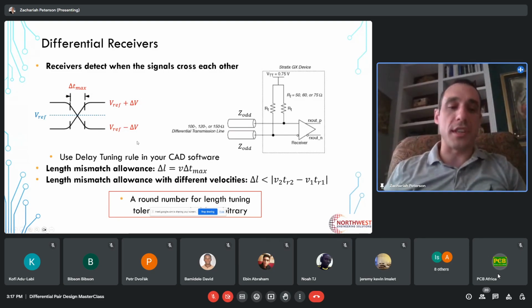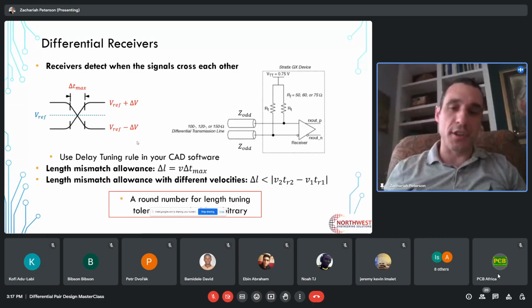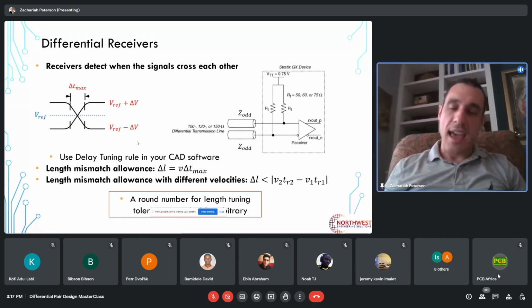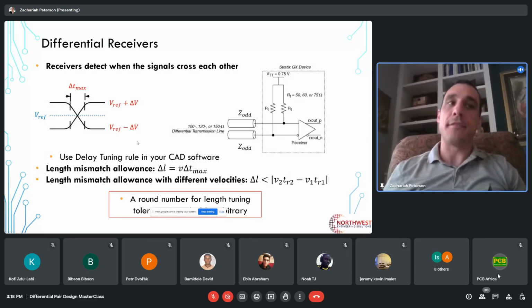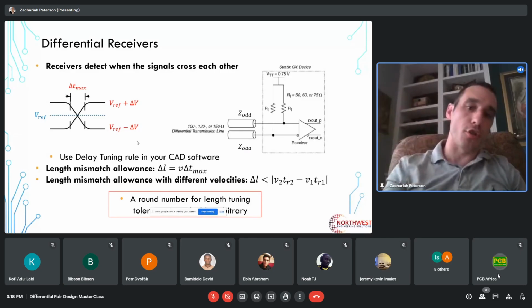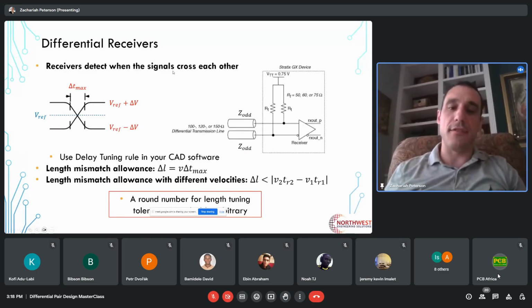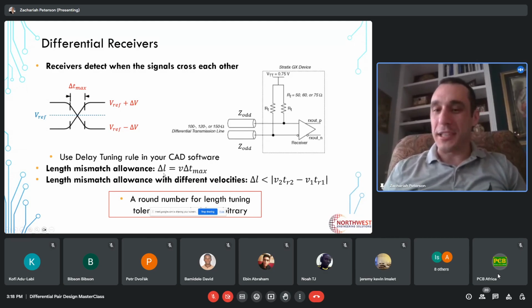Whoever wrote the data sheet just kind of pulled it out of thin air and said, 100 mils is good enough. We'll just use that. And they usually did that because their test data probably showed that they could definitely operate within much larger than that number. So they're just going to give you a conservative value of 100 mils. So just be careful when you see nice round numbers for length tuning tolerances specified as a distance in a data sheet, because that number could be totally made up.